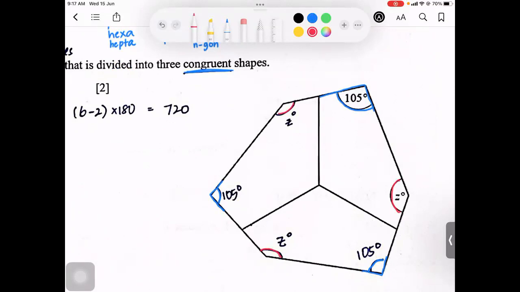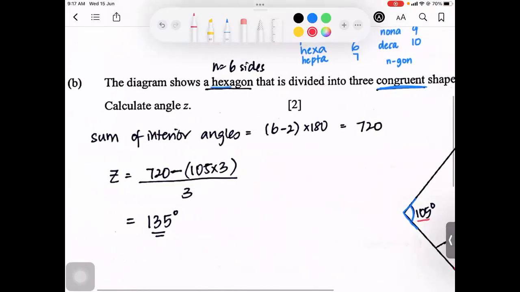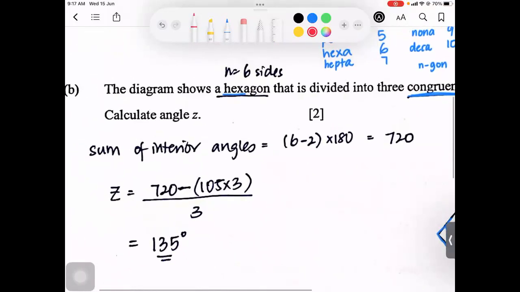Okay. Then what do we notice? We notice this one is a hexagon, six-sided. That means all the interior angles 1, 2, 3, 4, 5, and 6 will add up to the total number of angles of a hexagon. So how do we find the interior angles of a hexagon?